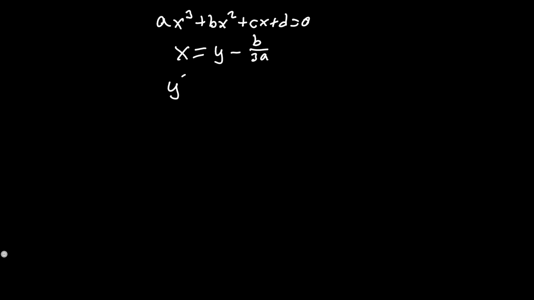So for the cubic ax cubed plus bx squared plus cx plus d is equal to 0, we could eliminate the bx squared term by setting x is equal to y minus b over 3a, which in turn gives us a depressed cubic polynomial in the form y cubed plus py plus q is equal to 0, where we again applied a linear transformation.